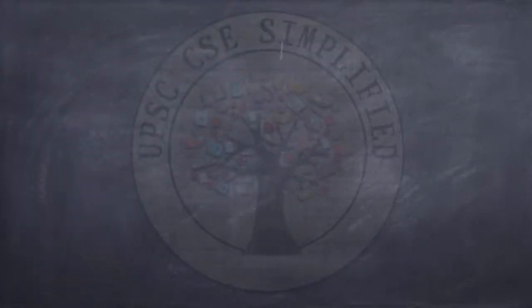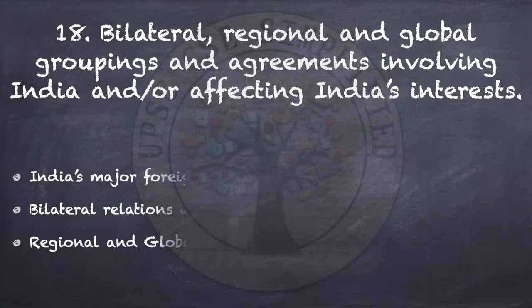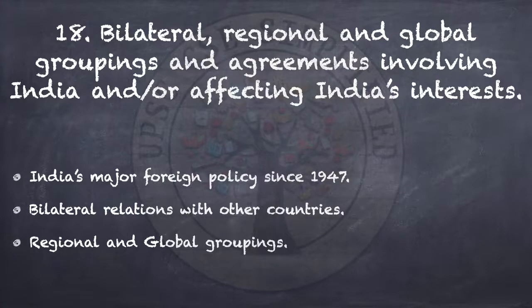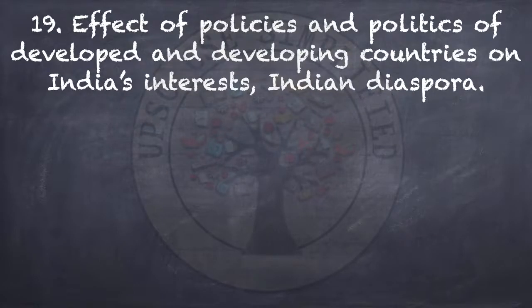Moving towards the 18th topic or theme, we have bilateral, regional and global groupings and agreements involving India's or affecting India's interests. India's major foreign policy since 1947, bilateral relations with other countries, regional and global groupings. Moving towards the 19th topic, it is effect of policies and politics of developed and developing countries on India's interests, Indian diaspora.